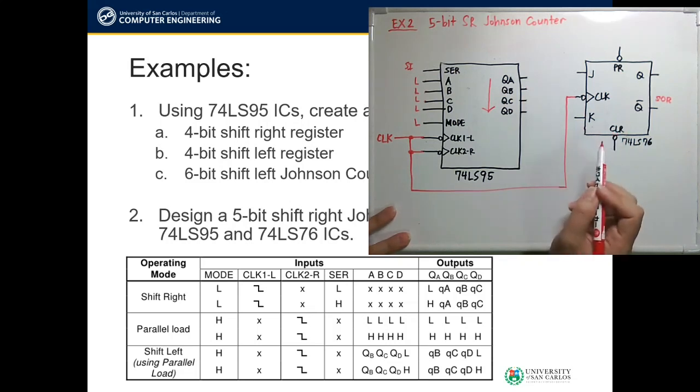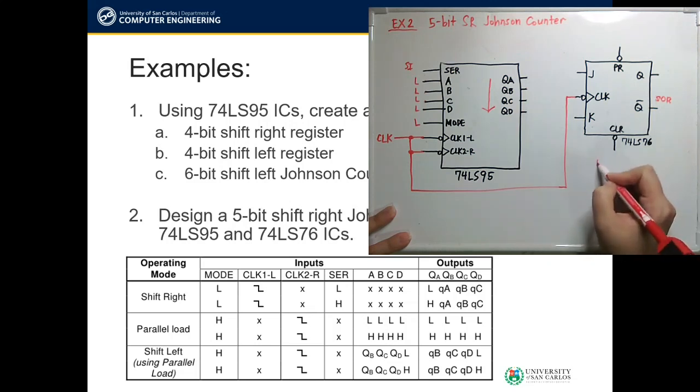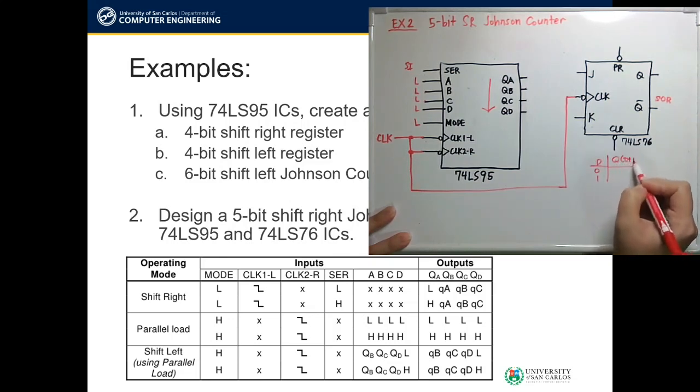a D flip-flop. So again, the D flip-flop has two states, 0 and 1. And this is our reset, and this is our set. For a JK flip-flop to operate as a D flip-flop, we need to consider the reset and the set states of the JK flip-flop.